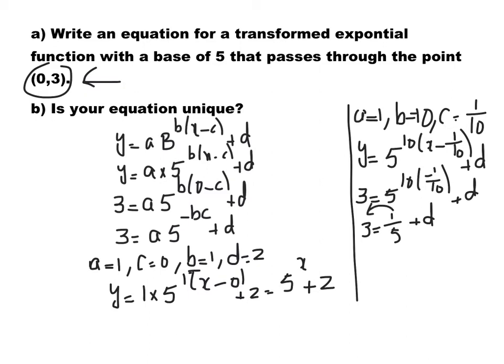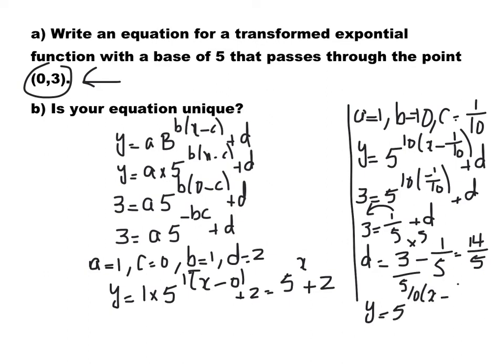If I move this to the left, I get d is equal to 3 minus 1 over 5, which is, if I multiply by 5 and divide by 5, 15 over 5 minus 1 over 5, which is 14 over 5. So my second version of the equation is y is equal to 5 exponent 10 times (x minus 1 over 10), plus 14 over 5.